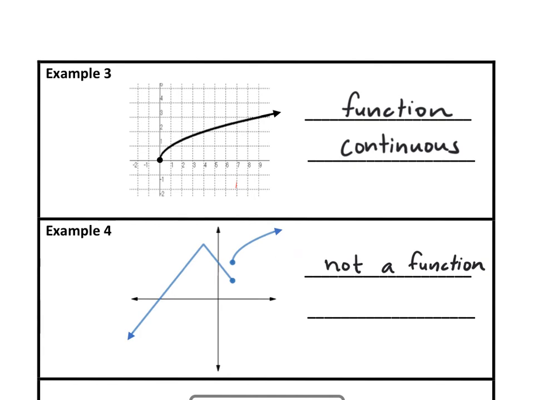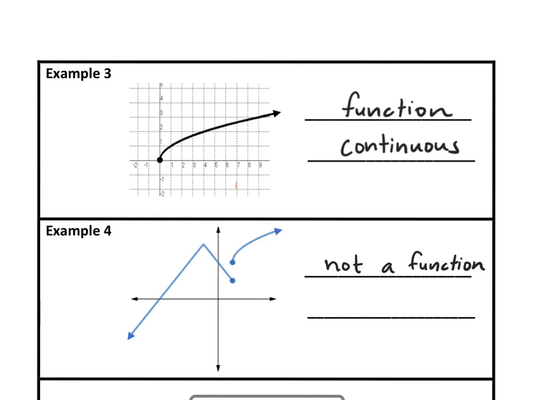And let's look at the next thing we have to answer. Is this graph continuous or discontinuous? Well, it starts over here at this arrow, and as I'm drawing, I haven't lifted my pencil, but in order to draw it, do I have to lift my pencil? Yes, right.